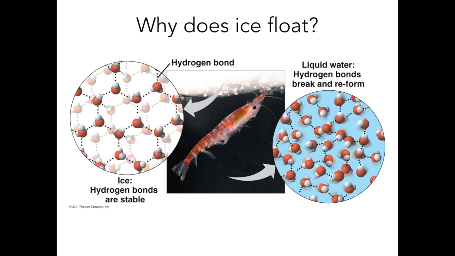Because those hydrogen bonds stabilize, it makes ice less dense than liquid water. So ice floats. And you can also see it forms this nice hexagonal, six-sided structure. It's three-dimensional, and that's why snowflakes are hexagonal, because this is crystallized ice.